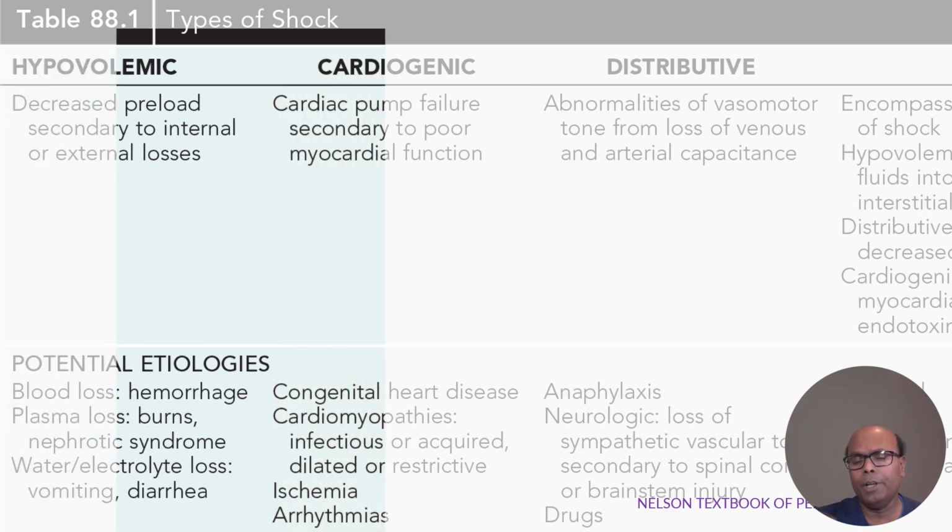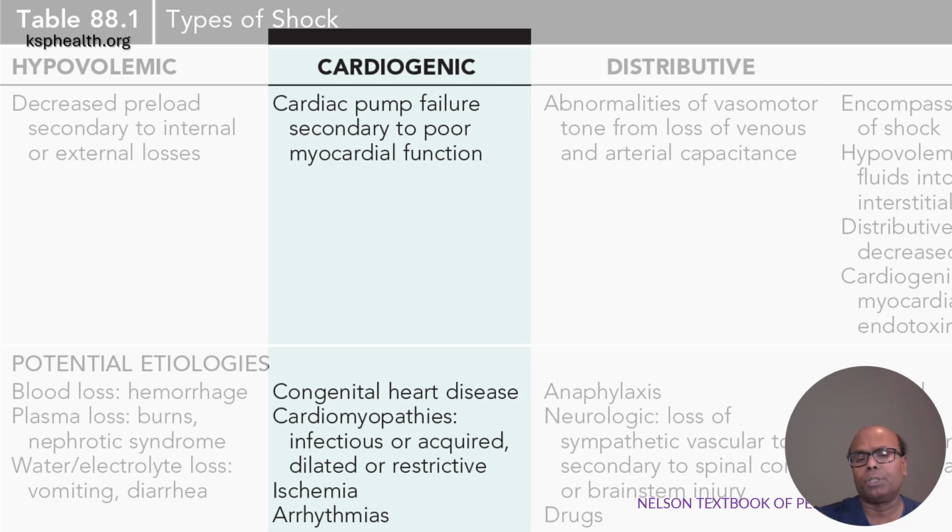In cardiogenic shock, there is a pump failure that leads to poor perfusion. You will see cardiogenic shock in patients with congenital heart disease, cardiomyopathies such as dilated and restrictive cardiomyopathy, ischemia or frank myocardial infarction, and arrhythmias, both brady and tachyarrhythmias.